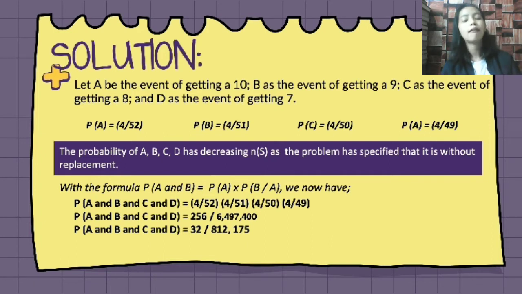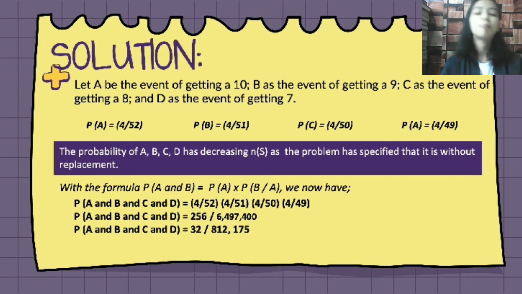Now that we have the separate probabilities of each event, we can solve for the question being asked. Substituting the values above, the probability of the intersection of the events is equal to 4 over 52 multiplied by 4 over 51 multiplied by 4 over 50 multiplied by 4 over 49, which gives us 246 all over 6,497,400, or 32 all over 812,175 when simplified.